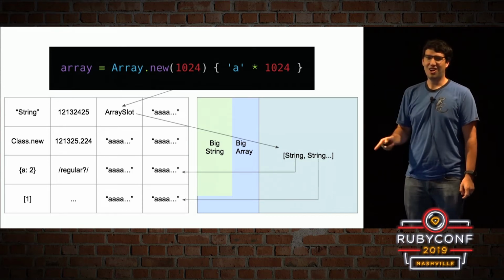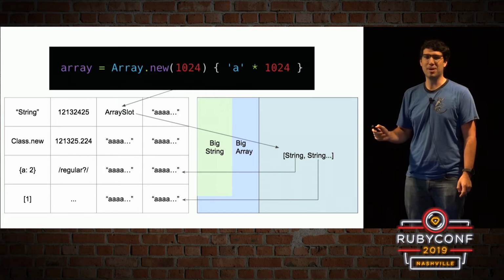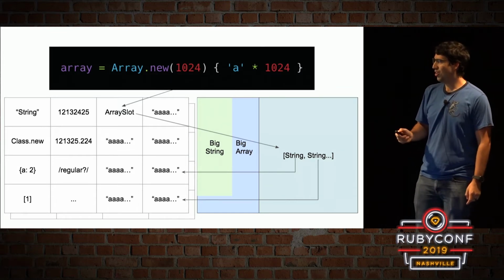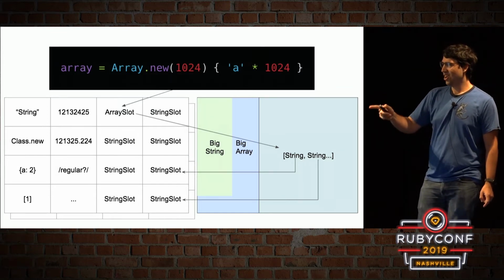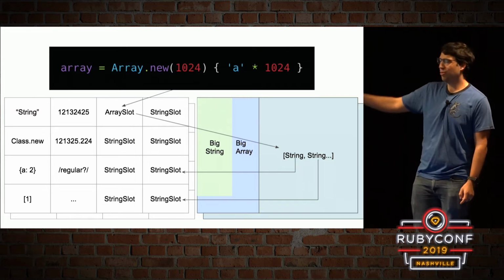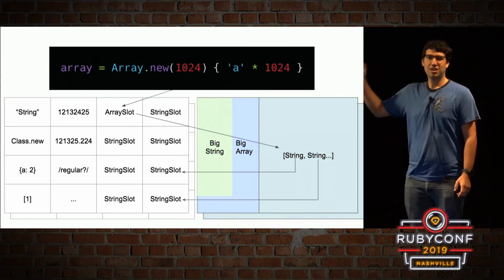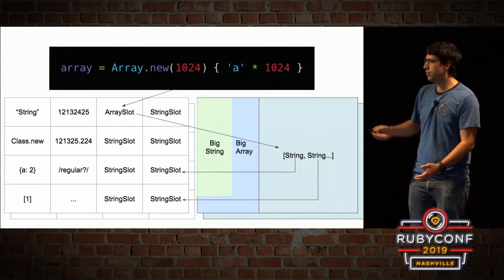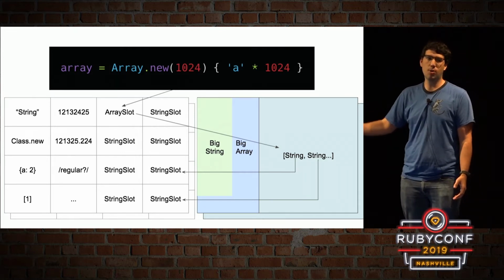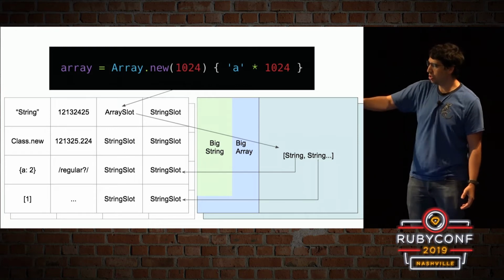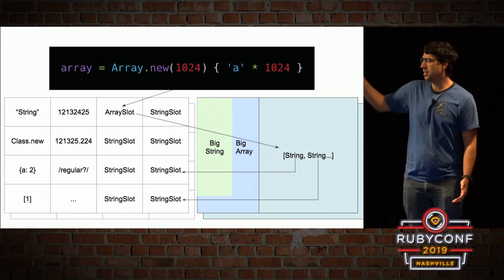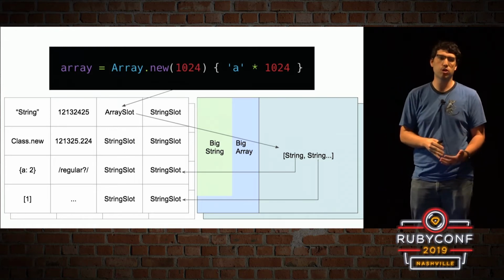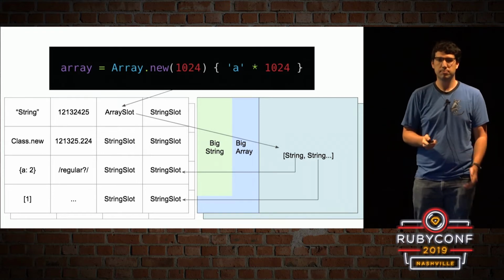But all of those strings are also bigger than 40 bytes. So those strings are going to, in turn, refer back to the actual strings themselves in the OS heap. So we're going to have a lot of pages in the OS heap to store all of the actual strings, and then the Ruby heap will just have all of the slots saying where to go find them. Cool.